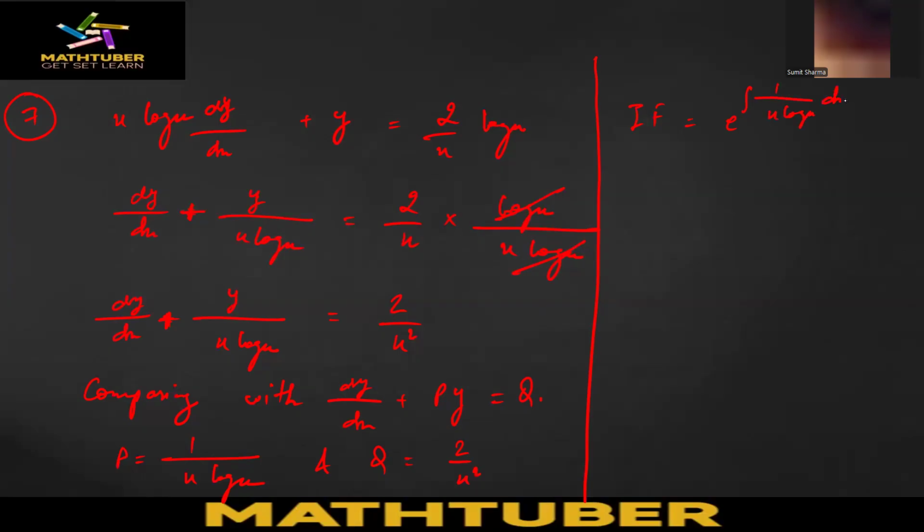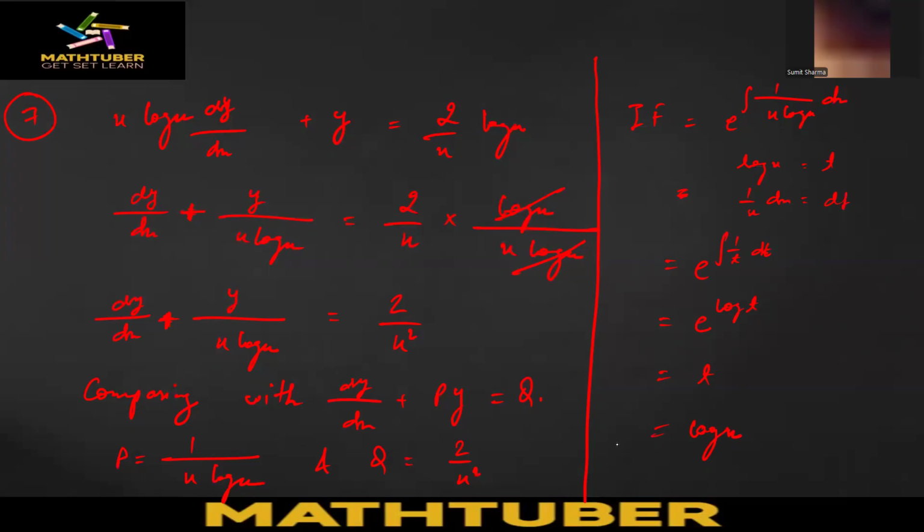So it's e raised to power ∫1 upon x log x dx. We know that the derivative of log x is 1 upon x. So we can substitute here log x equal to t, and 1 upon x dx equal to dt. So it will become e raised to power ∫1 upon t dt, right? Then this will be e raised to power log t, which is t only, which is log x.